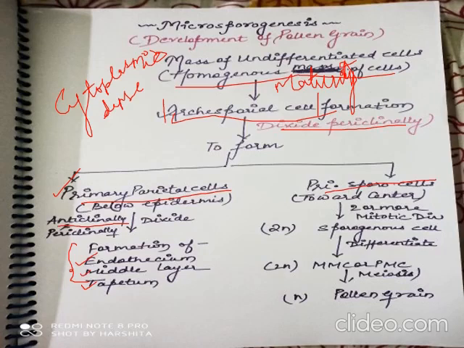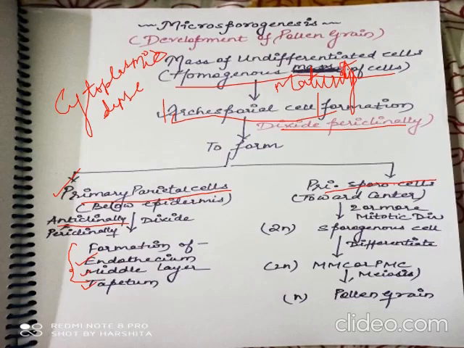The primary parietal cells thus lead to the formation of the anther wall layers, and the other form we get from the periclinal division of the archisporial cell is the primary sporogenous cells.